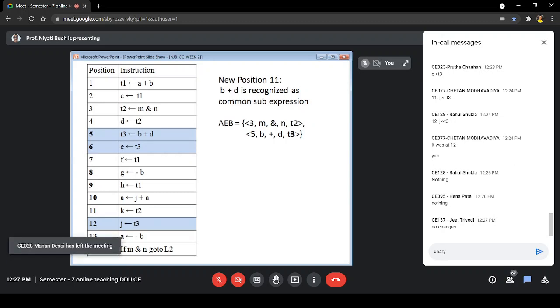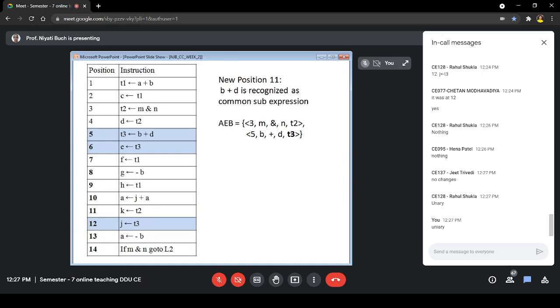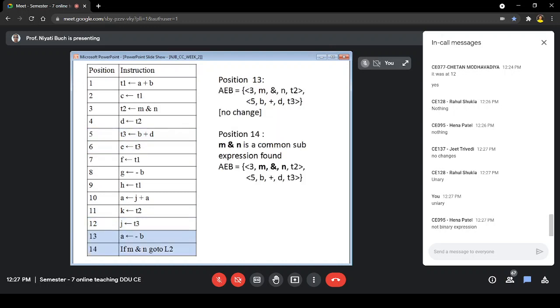What is the reason? Answer is correct. Yes, because it is a unary operation that is happening, so you don't have to do anything. It is not a binary expression. Very good. All of you have understood the algorithm thoroughly. If you know the concept, applying it to examples is very, very easy. So at position number 13, there is no change.